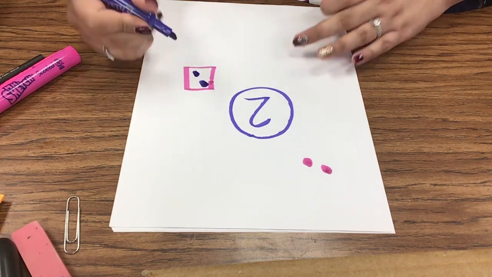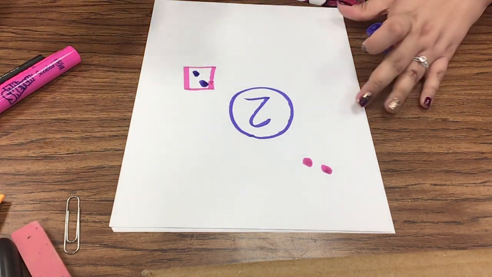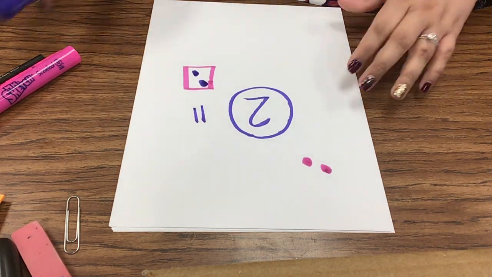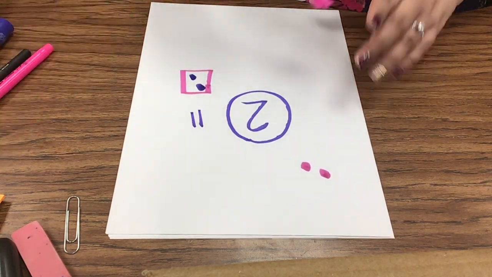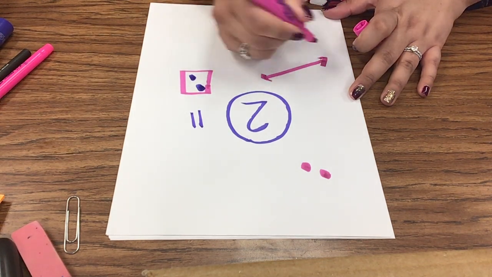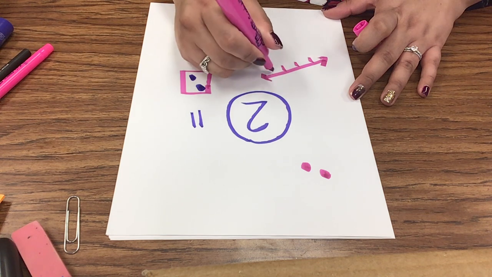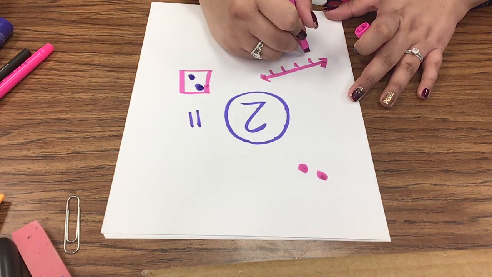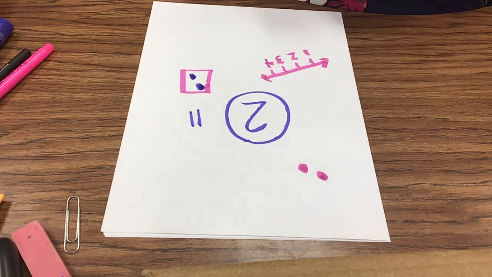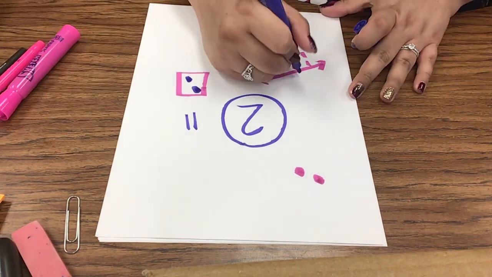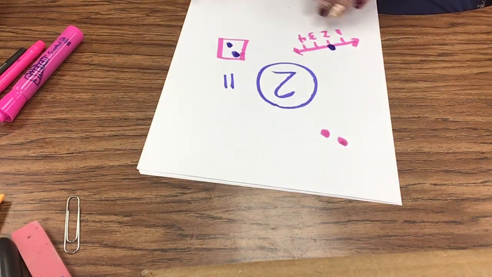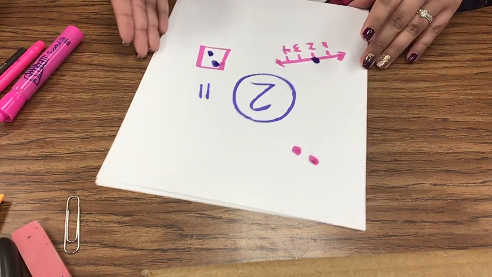We can do 2 tally marks. 1, 2. We can do a number line. So let's say we have 1, 2, 3, 4. And I'm going to put a dot on the number 2 to represent a quantity of 2.